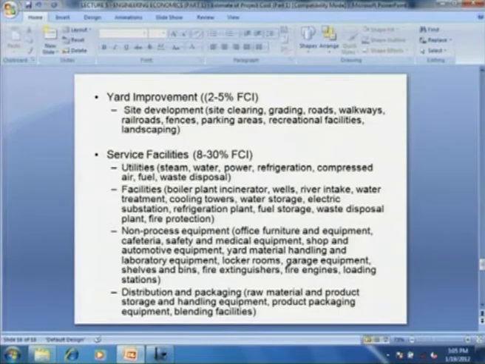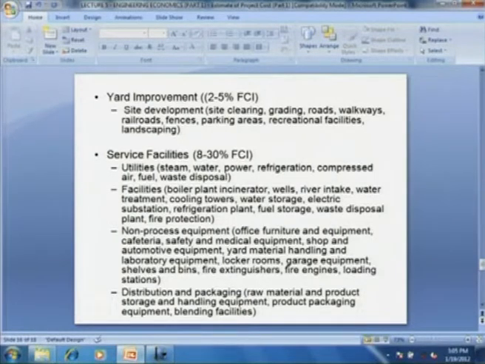Then non-process equipment such as office furniture and equipment, cafeteria, safety and medical equipment, shop and automotive equipment, yard material handling and laboratory equipment, locker rooms, garage equipment, shelves and bins, then fire extinguishers, fire engines, loading and unloading stations.